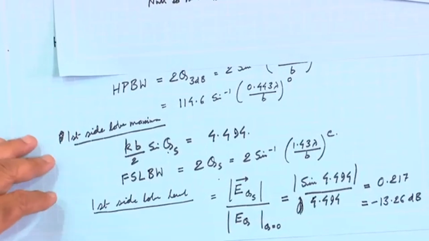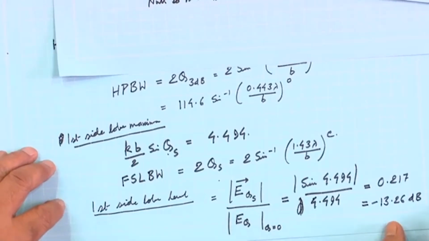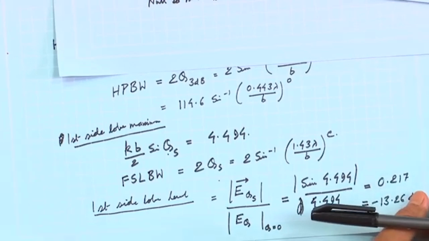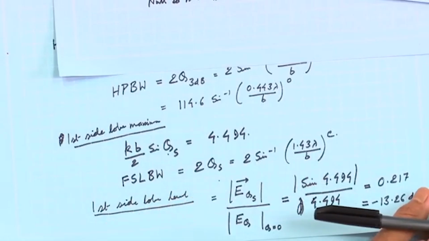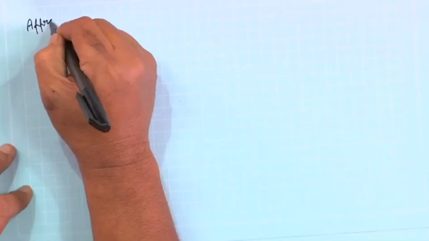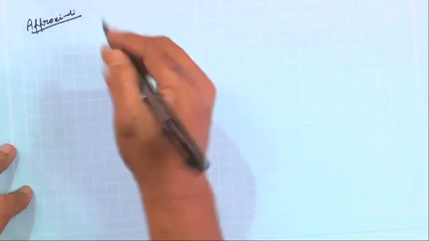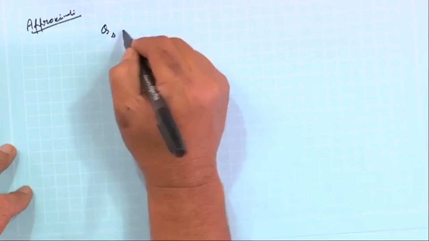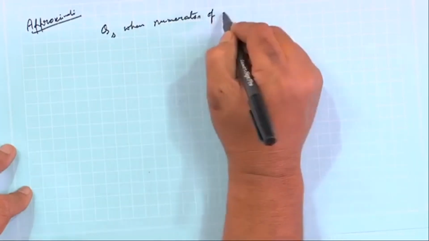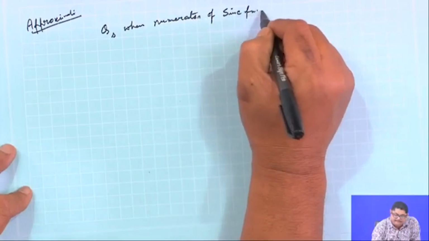This is the exact value of the side lobe level, but sometimes people approximately say that theta s happens when the numerator of the sinc function is maximum.